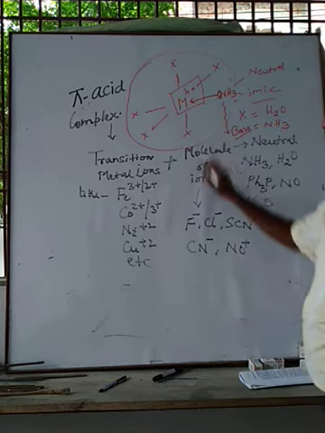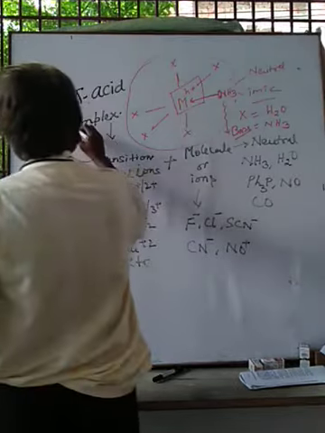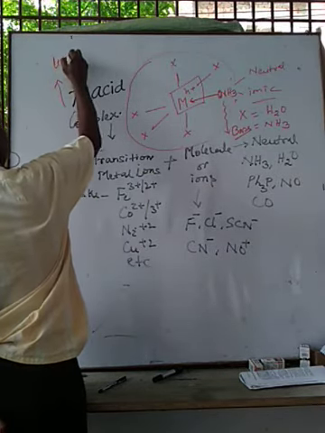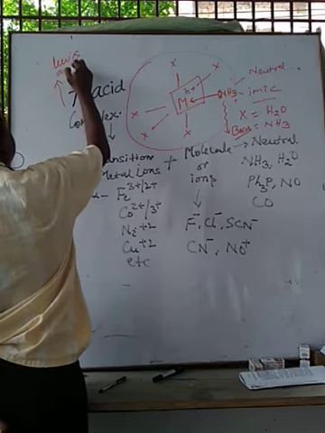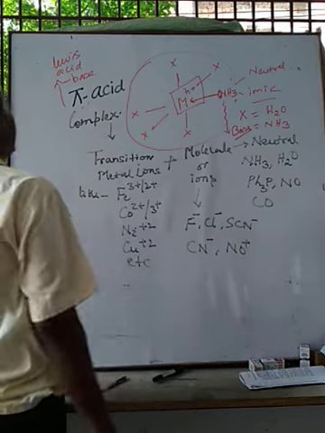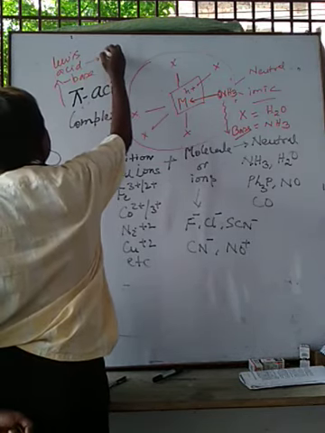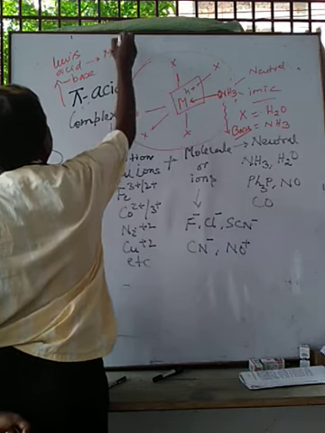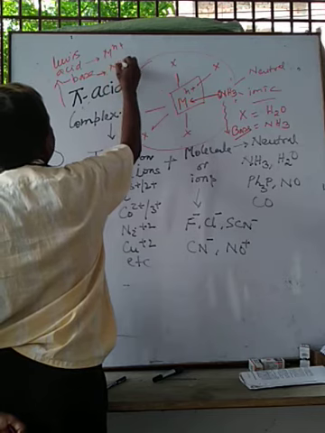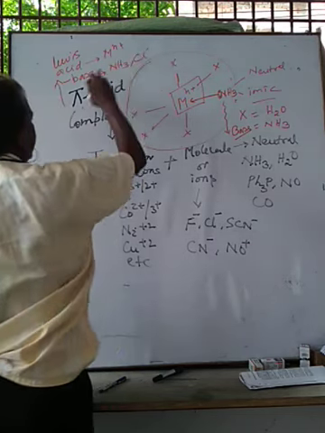So a complex is nothing but a combination of Lewis acid and base type, where the transition metal ion behaves as Lewis acid, and neutral molecules like ammonia or chloride are bases.